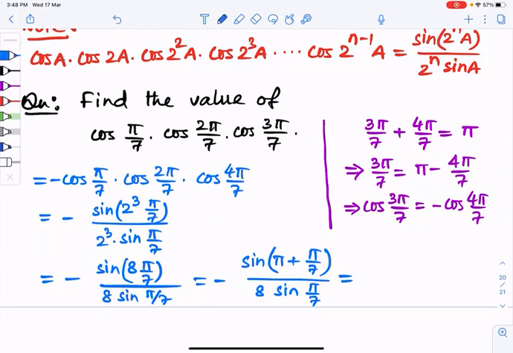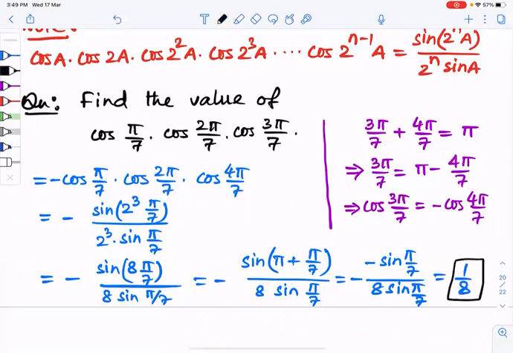So I will get minus sine pi by 7 divided by 8 sine pi by 7, and already there is a minus sign. After cancelling the minus signs and sine pi by 7, it is 1 by 8. That is the answer. You see, I got a nice answer here, 1 by 8.